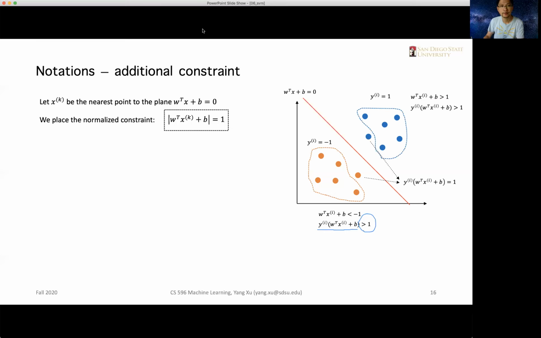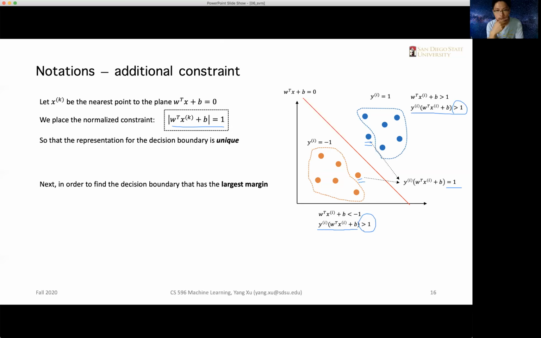Okay. And for the blue parts, it's also the same. They are greater than 1, and only for the nearest points, because we set these normalized constraints, the values must equal 1. Okay. So with these constraints, the decision boundary has a unique representation.